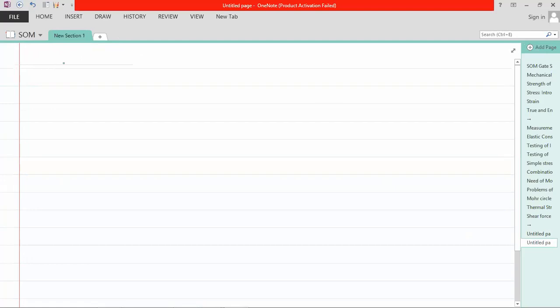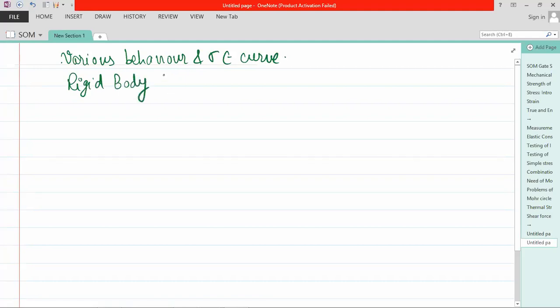Okay. Now, various materials and their stress strain curve. Suppose you have a rigid solid, that is a rigid body, that we study in mechanics. What is their stress strain curve?